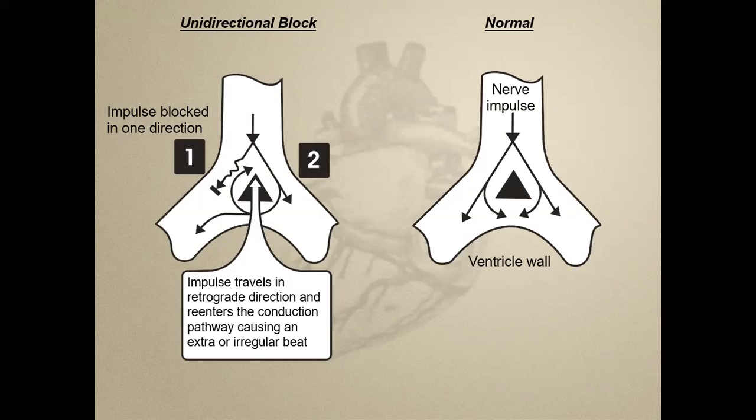For example, class 1A, class 1C, and as a result there will be bidirectional blocks, conduction of impulse in both directions, antegrade and retrograde, and as a result this tachyarrhythmia stops.